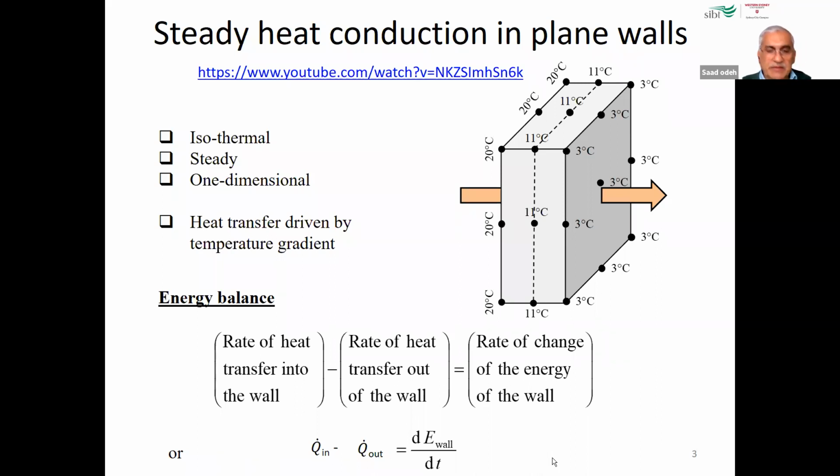So Q in minus Q out is equal to the rate of change, or dE of the wall divided by dt. If there's any change during the time, but because there is no change within the certain time, then this part is going to be 0. Okay. Any question? Okay.